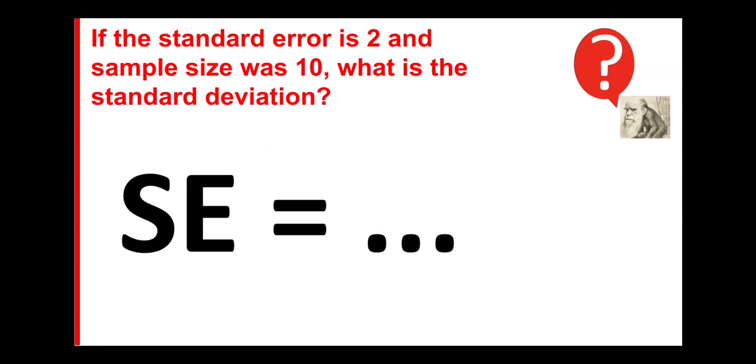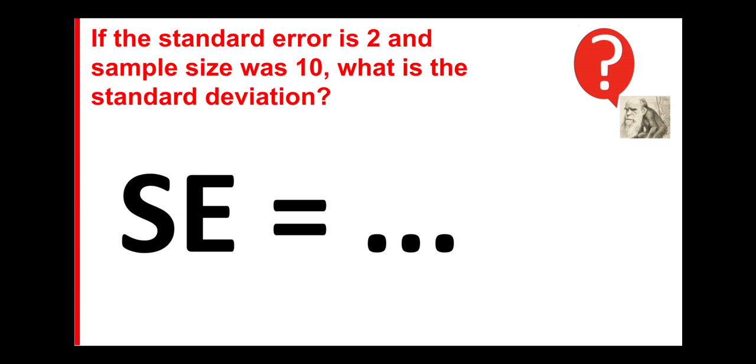Those of you who are taking the class should prepare to stop the video in order to answer the following question proposed to us by Darwin: if the standard error is 2 and the sample size was 10, what is the original standard deviation? This is actually a calculation I end up doing fairly often.